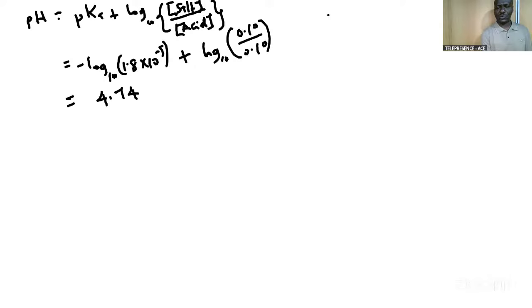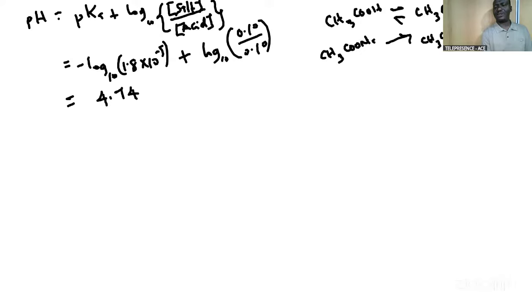From the acid, you have CH3COOH giving CH3COO minus plus H plus. Now from the salt, you have CH3COONa. Because that's a strong salt, you have CH3COO minus plus Na plus.